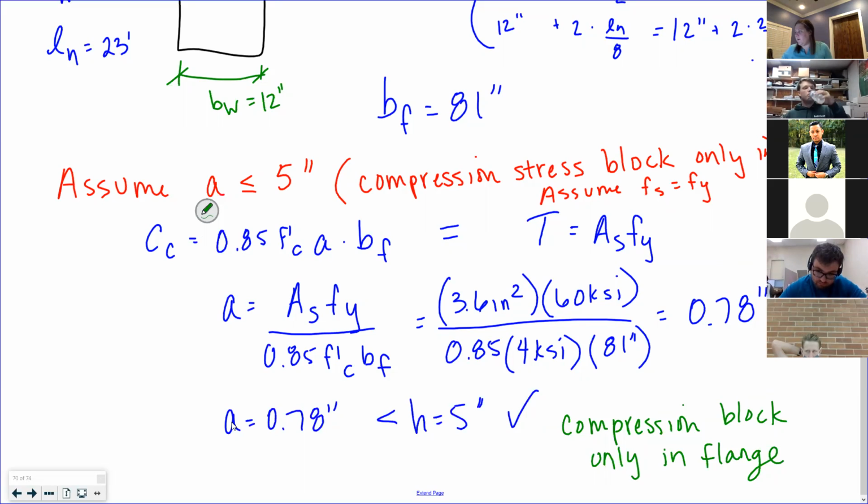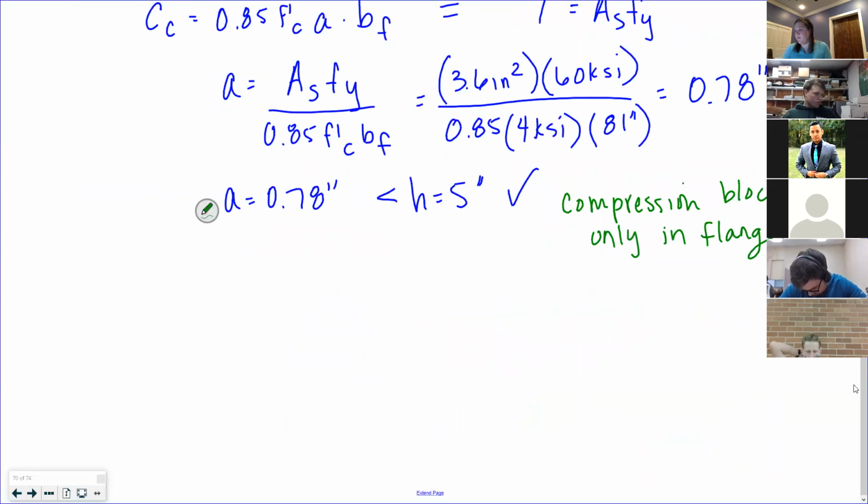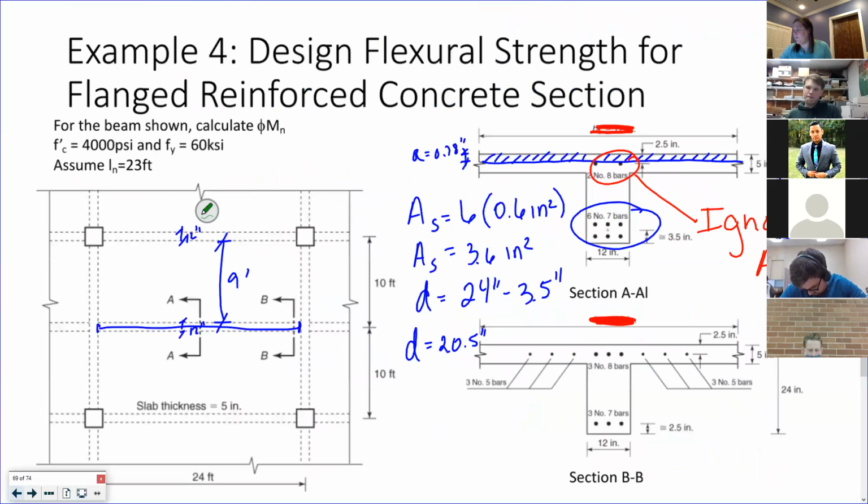Oh yeah, and I wrote also in my notes. So D prime, oh, we don't even have it. D prime is 2.5 inches.